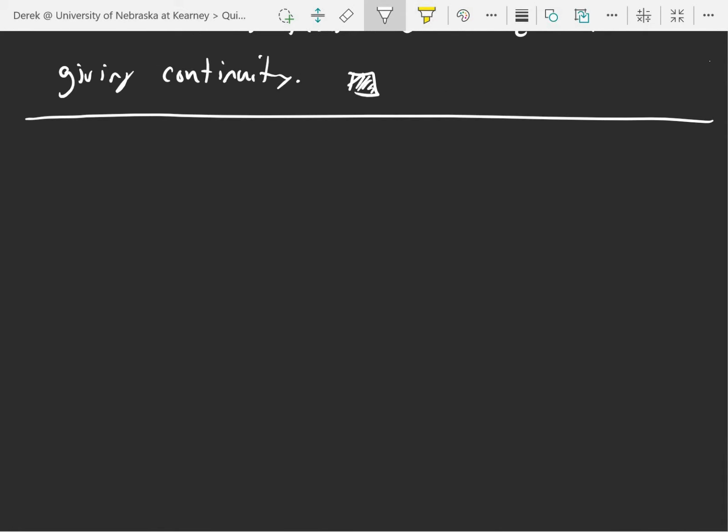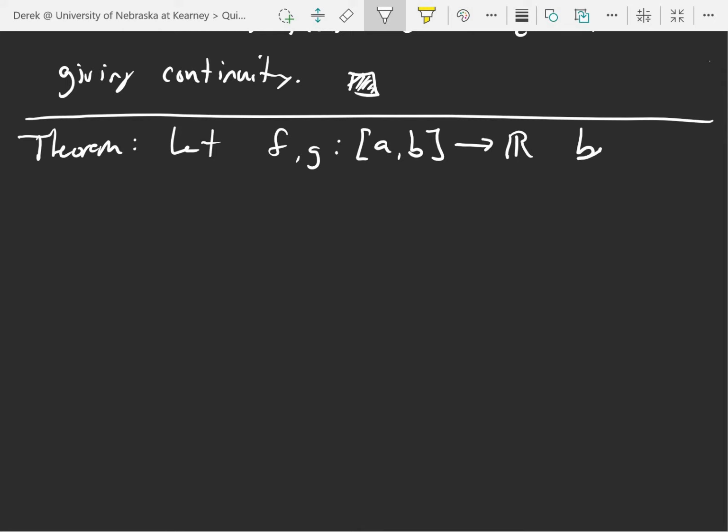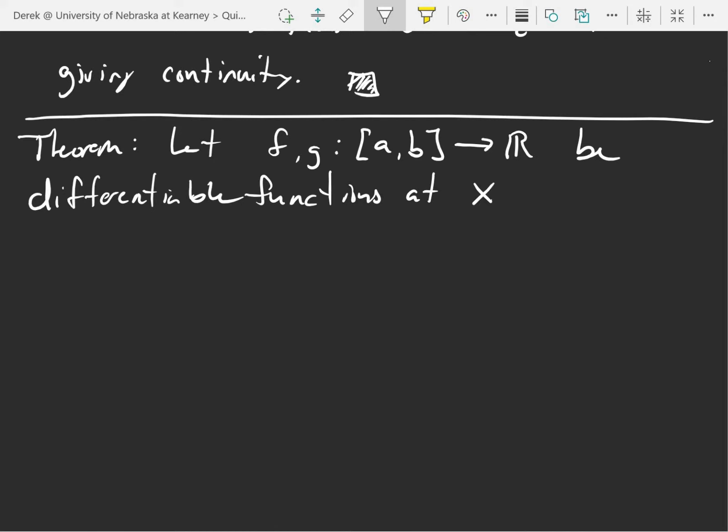Okay, so theorem. Let f and g from (a,b) to R be differentiable functions at x.